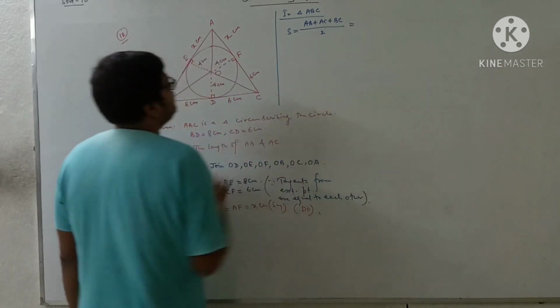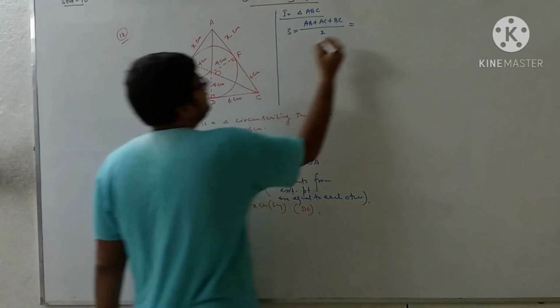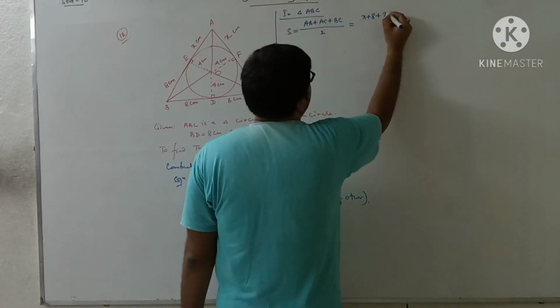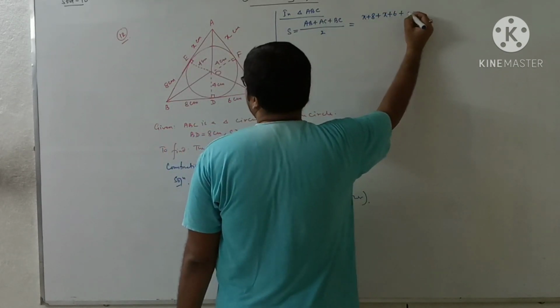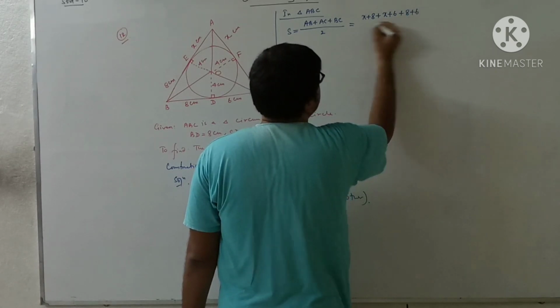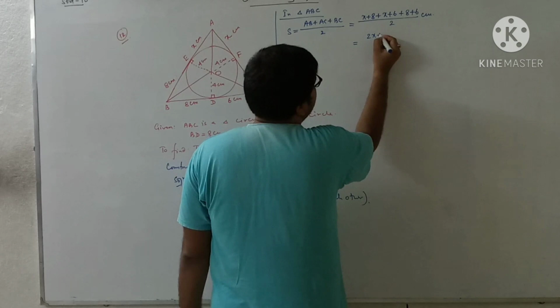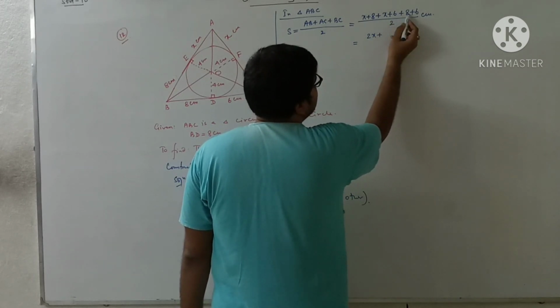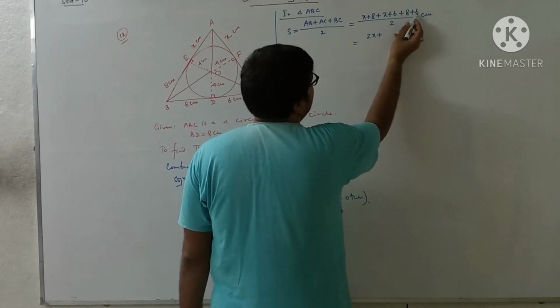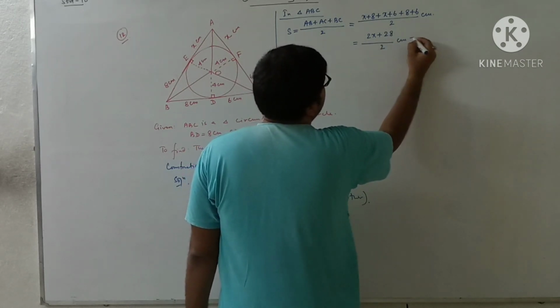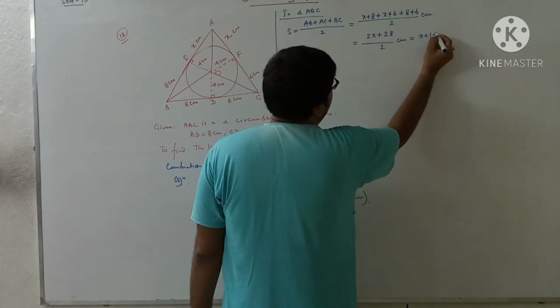It means x plus 8 plus x plus 6 plus 8 plus 6 divided by 2. So it's 2x plus 8 plus 8 is 16, 16 plus 12 is 28. If I divide by 2, it is x plus 14 centimeter.